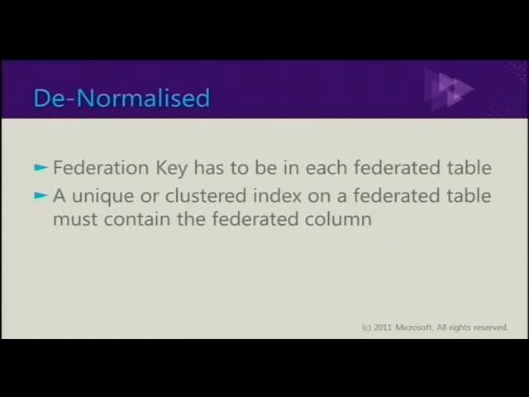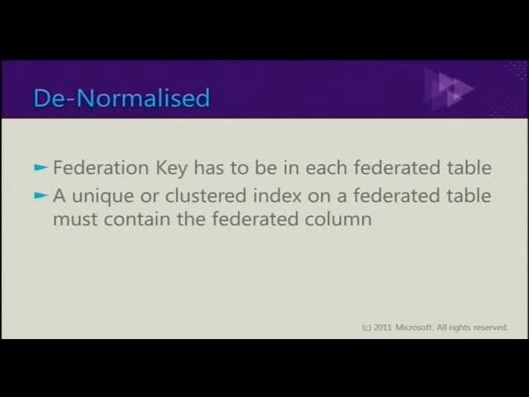Also, databases that you federate are somewhat denormalized. There's a degree of denormalization that you have to do. The federation key has to be in each federated table. So if you have the classic example, customer has orders, orders has order details. What you would normally do is the customer ID would be in the customer table. There'd be a foreign key in the orders table to customer, all good so far.